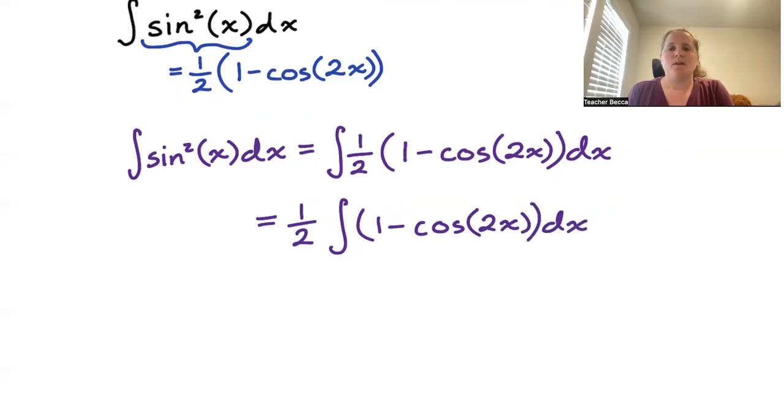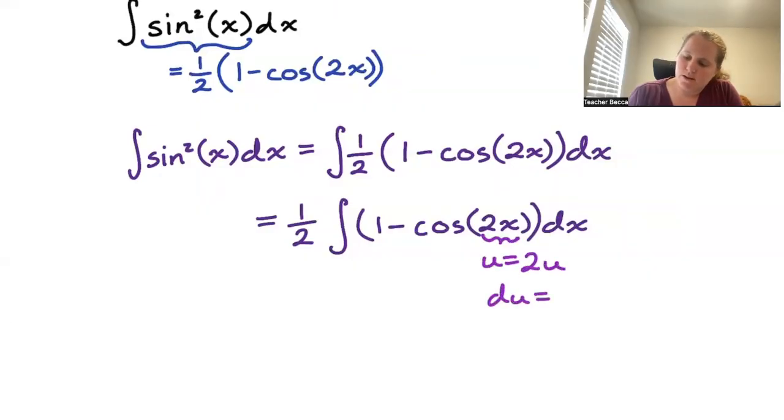At this point, we can go ahead and swap that cosine of 2x. We'll take that 2x and swap it out for u. So u is 2x. Our du would be 2 times dx, or dx is 1/2 du.